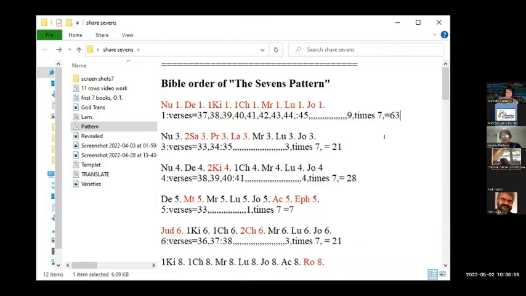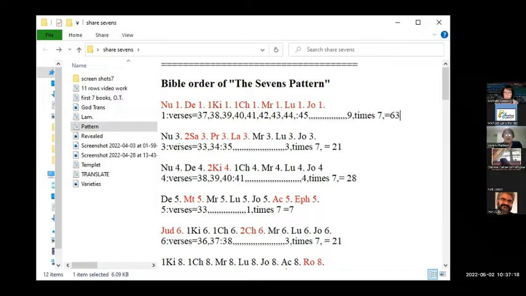It gave me alphabetical order. So I had to straighten them all out to the order of the Bible, like Numbers, Deuteronomy. Now, these red books are the first time that they show up. So line 1 is obviously the first time that these particular books show up in this pattern.